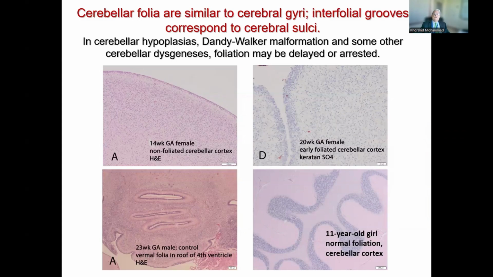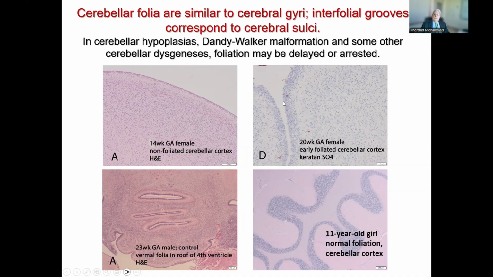Cerebellar folia are similar to cerebral gyri, and the interfoliar grooves actually correspond to cerebral sulci. So here on the left upper panel, you can see an early fetus, a 14-week fetus, and the lateral hemisphere of the cerebellum is totally smooth. It's not yet foliated.